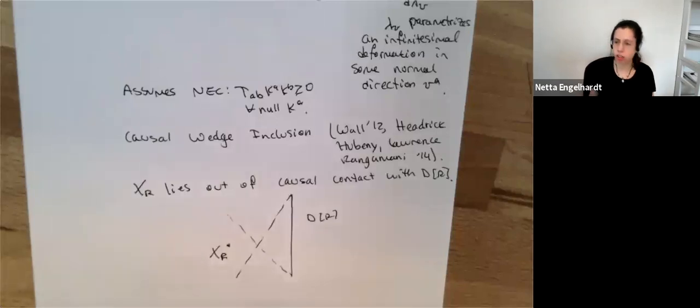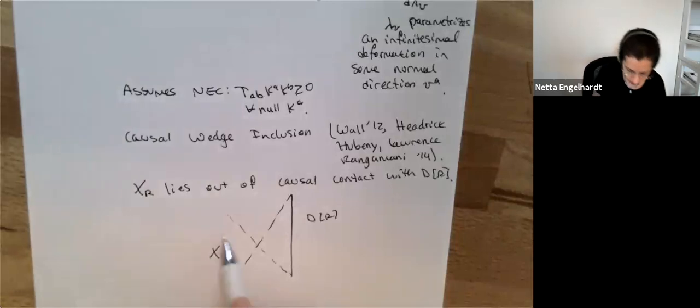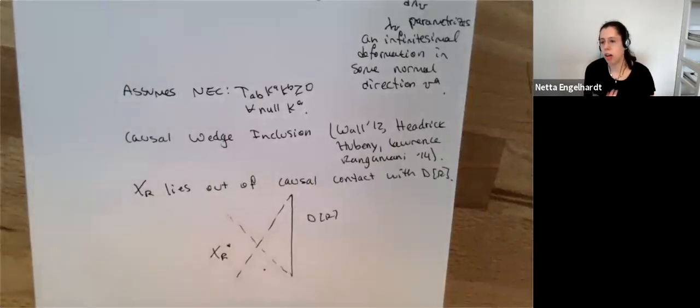Being able to prove this just using geometry is a sanity check on this proposal, because the reason that we must have causal wedge inclusion is that if X_R were to lie somewhere here, then it would be possible to modify the area of X_R by some local operator, which we could take to be a local unitary. And if we could modify the area of X_R with a local unitary, then we would have a real problem, because we know that the von Neumann entropy is invariant under unitary transformations of rho_R.